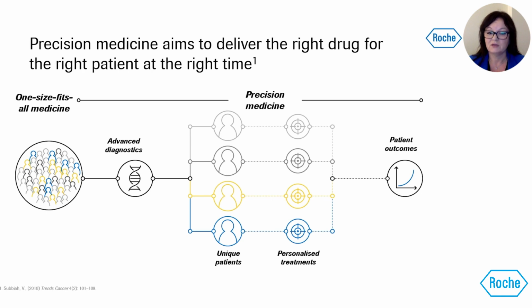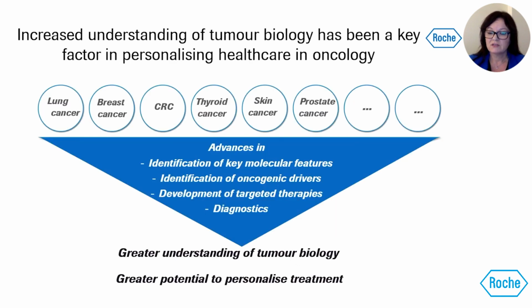we have better patient outcomes. Increased understanding of tumor biology has been a key factor in personalized healthcare in oncology, advancing identification of key molecular features, identification of oncogenic drivers, development of targeted therapies and diagnostics, and greater understanding of tumor biology, with greater potential for personalized treatment.